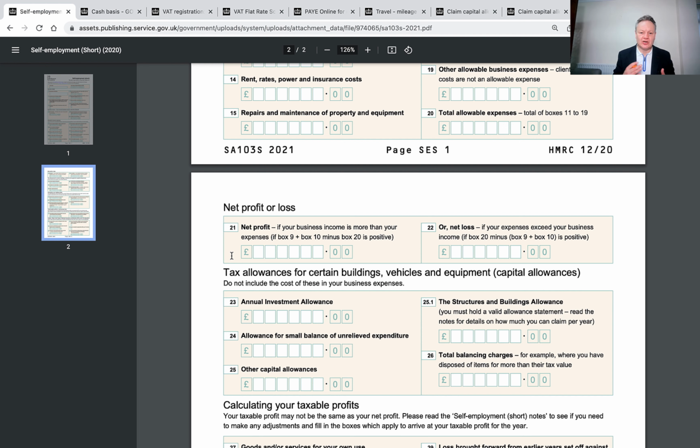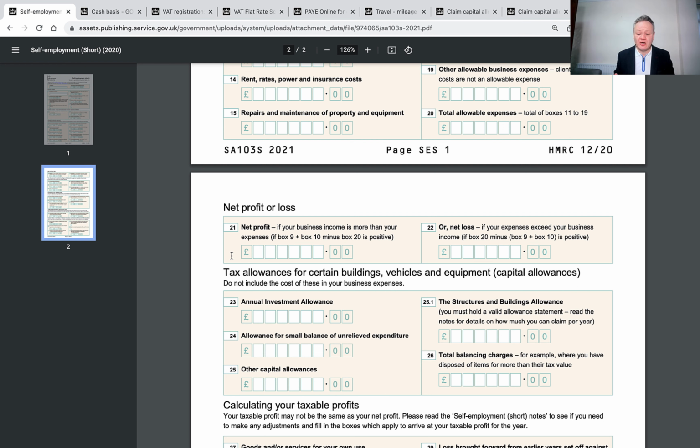So if you've got insurance for the home and you use a room, then you could use an apportionment rate to put the cost against your business. But please don't offset the entire amount. Equally, some people, when they use premises outside of their home, don't always remember to account for the costs of the rent, rates, etc. Again, because they don't keep receipts.